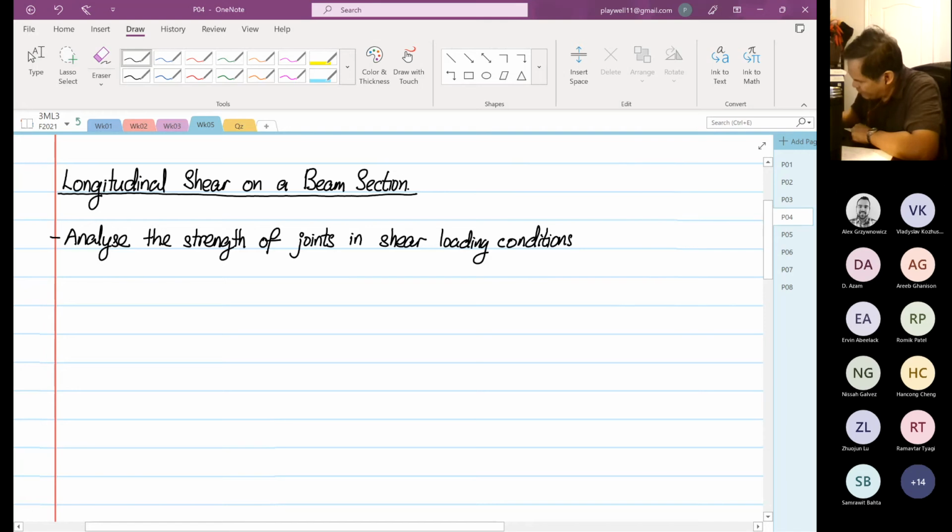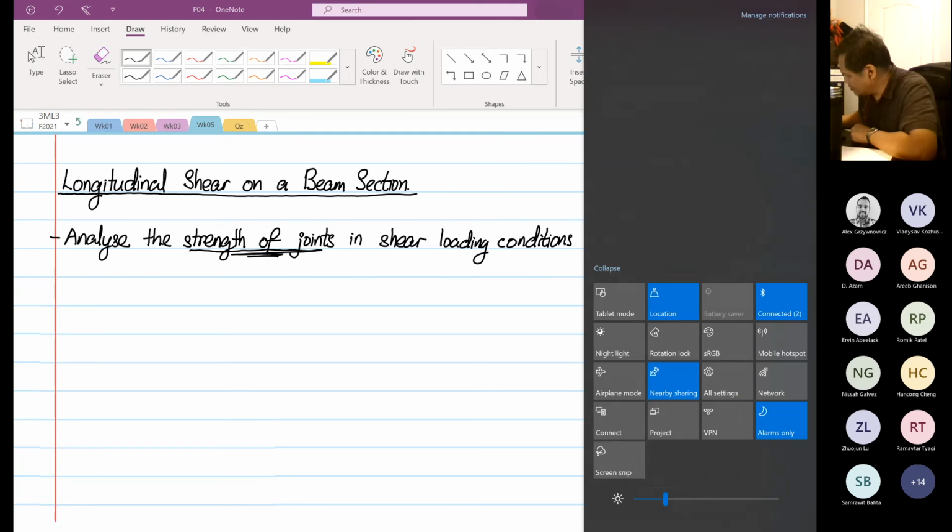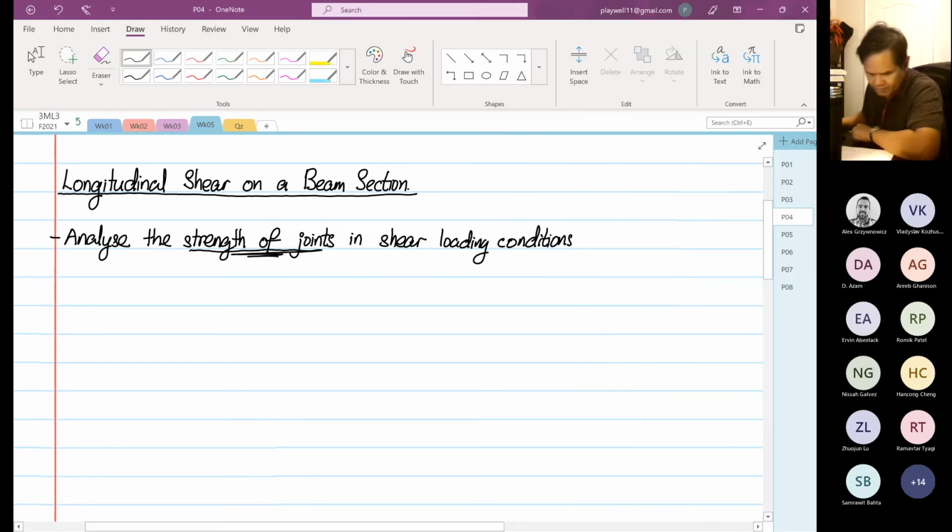What I'd like to emphasize over here is the strength of the joints. Okay, so yeah, I'd like to emphasize on that.